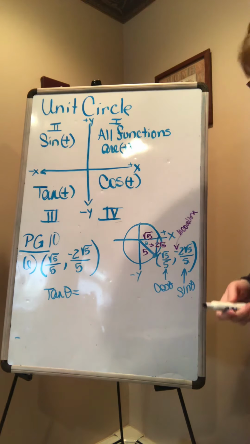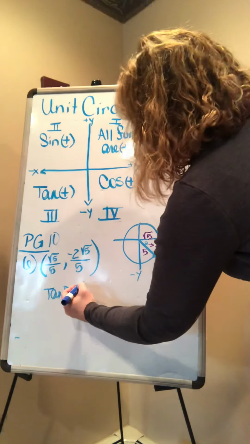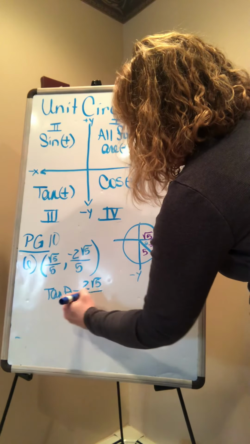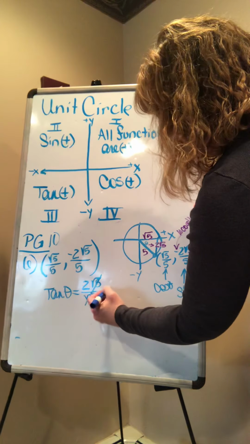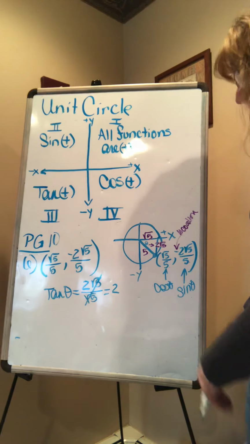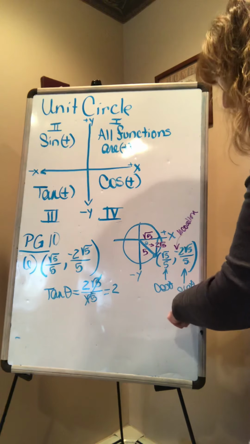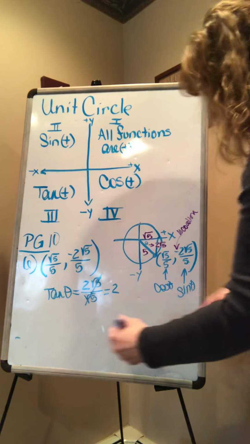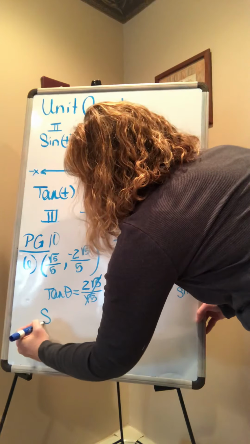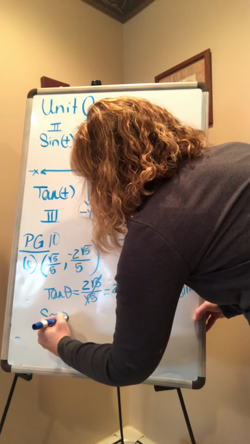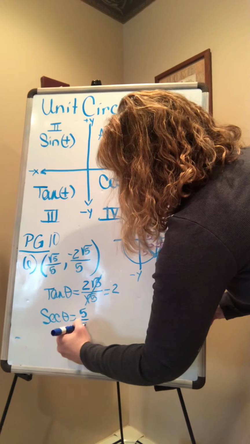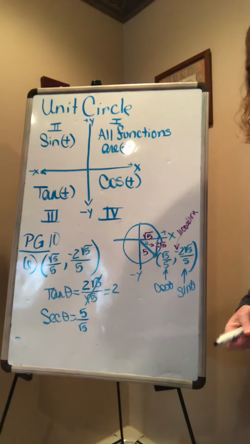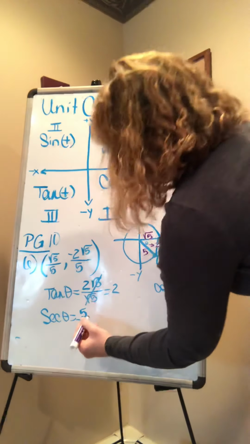So now my tangent would be 2 rad 5 over rad 5. Well, that cancels. So my tangent is 2. And now I know my cosine, my sine, my tangent. Let's flip cosine. If I flipped cosine, I would have secant. And that flip would be 5 over rad 5, which we have to rationalize because we don't keep radicals in the denominator.